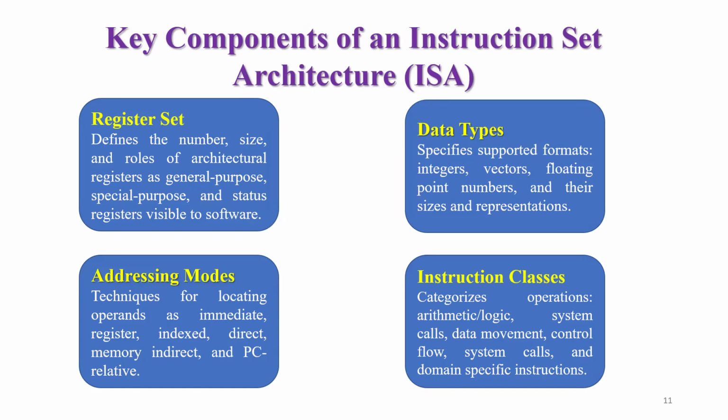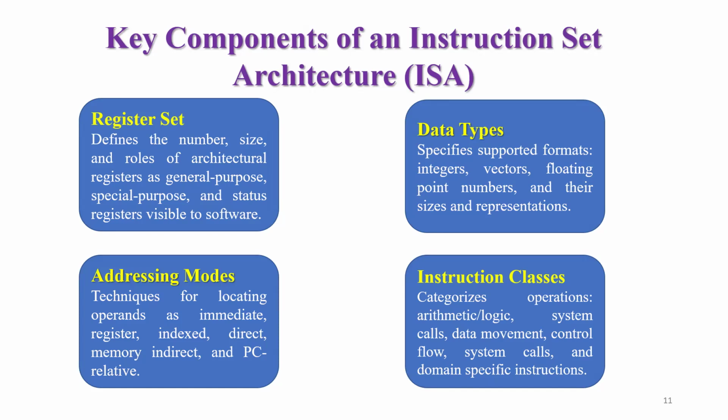Addressing modes, different techniques for finding operands like immediate, direct, register, or even PC relative. And instruction classes, categories like arithmetic instructions, logical instructions, data movement instructions, control flow, system calls, or even domain specific instructions.